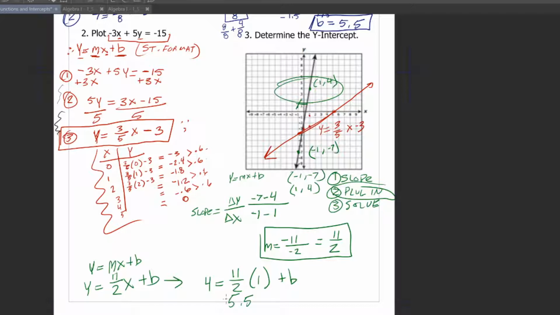So 4 equals 5.5 plus b. We're looking here, the y-intercept is somewhere in the negative range. We're going to minus 5.5, and then we get b equal to negative 1.5.